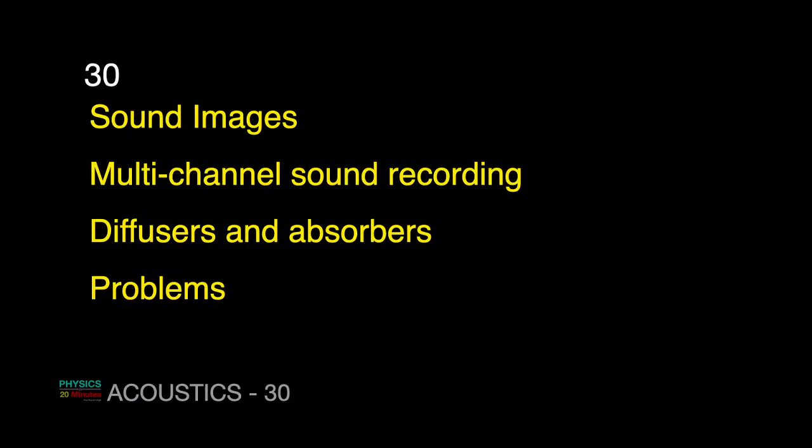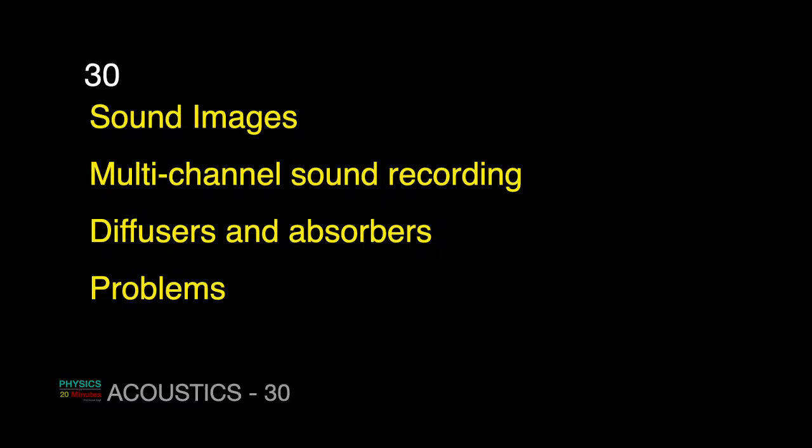So going ahead, first of all, sound images. In the last class, we spoke about that if there are more than one sound sources present, then the resultant source of sound can be either one of them, or it could be altogether a third source, which is called a sound image.